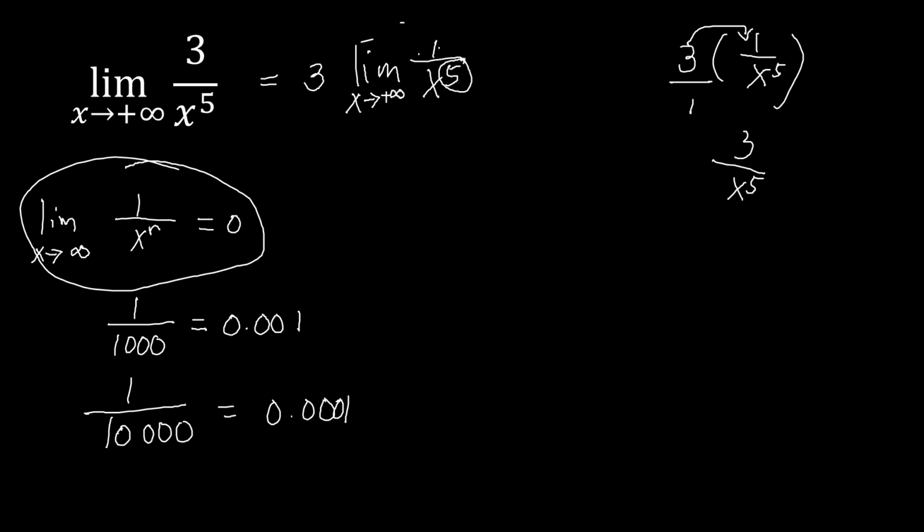And no matter what the sign of your infinity is, the limit will always be 0. So this is now 3 times 0, which is 0. So the limit of 3 over x to the power 5 as x approaches positive infinity is 0.